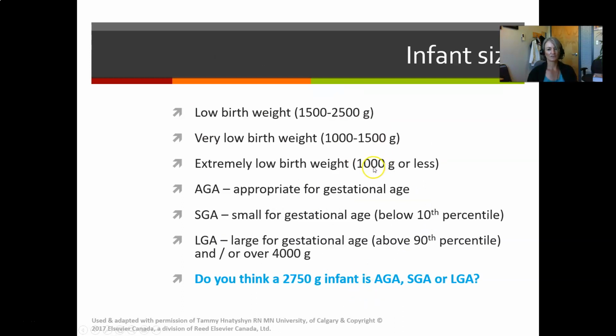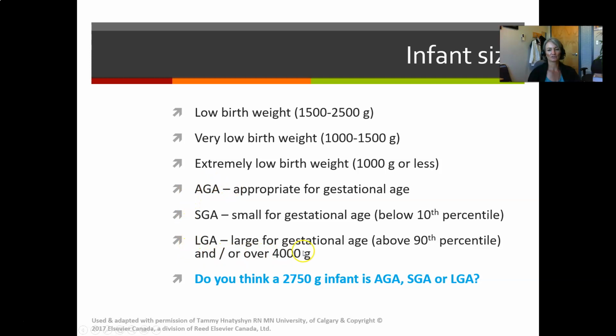All right, one of the other things we're going to look at is infant size. So part of our data collection, our assessment with the newborn, is weighing them and seeing where they graph on the graphs for gestational age. We want them to be appropriate for gestational age. This should be a little bit of review.